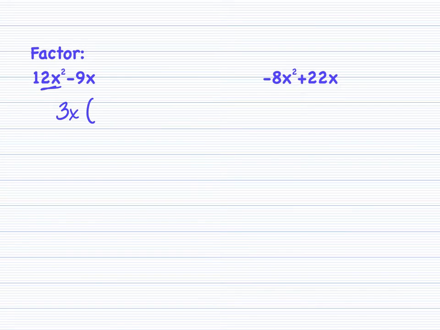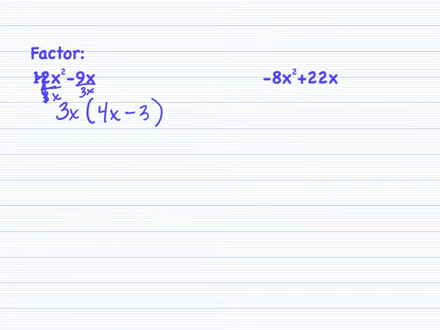So we can look at it this way. 12 divided by 3 is 4. x squared divided by x is x. And then 9 divided by 3 is 3. And that's our factored form. So that was the undistribution there.